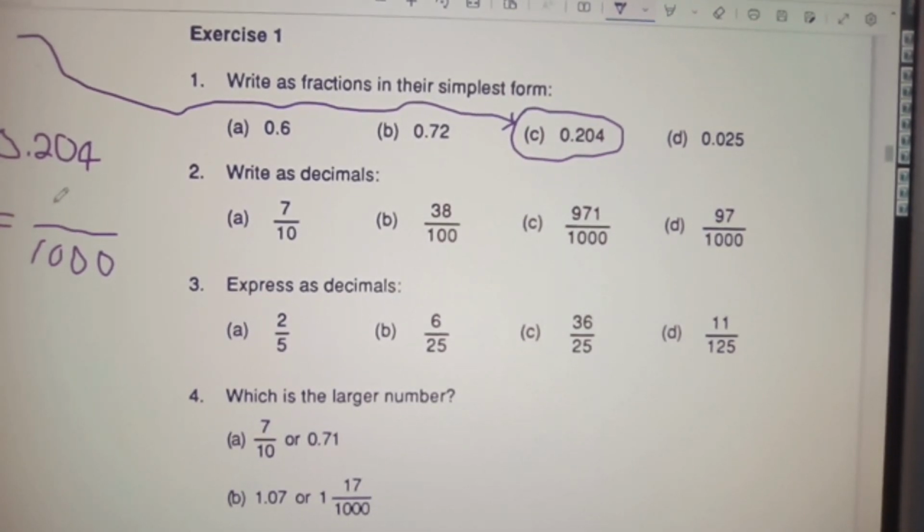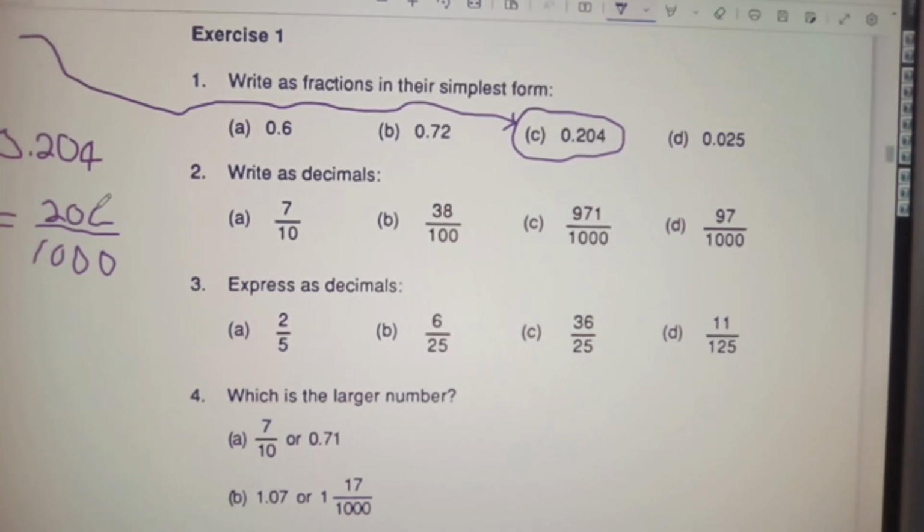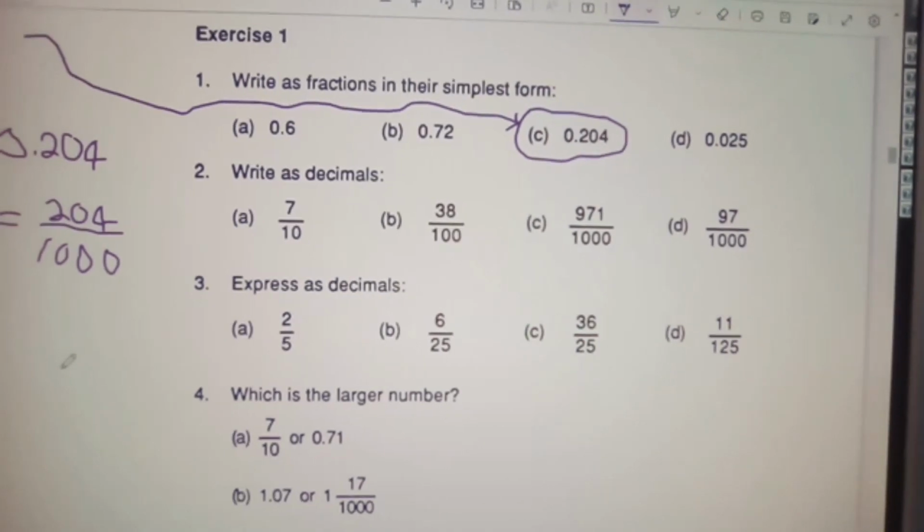Therefore it comes as 204 over 1,000, okay, and that's what we're looking at now.